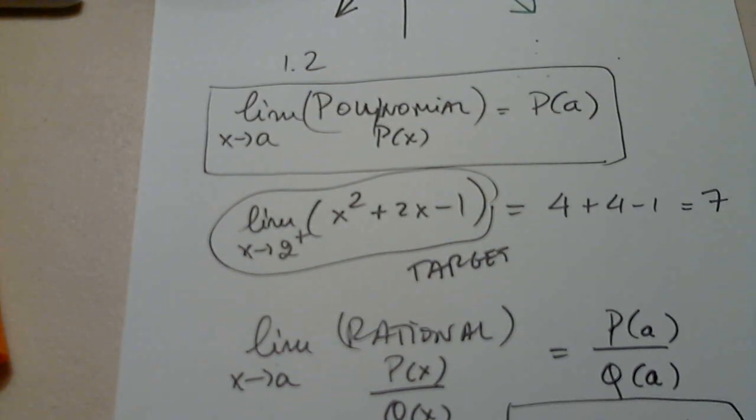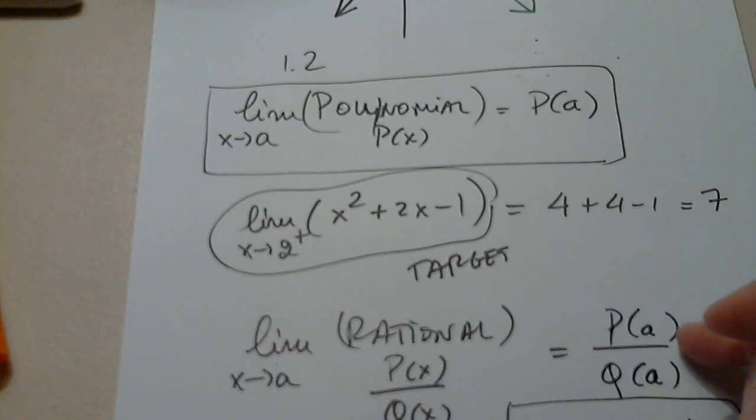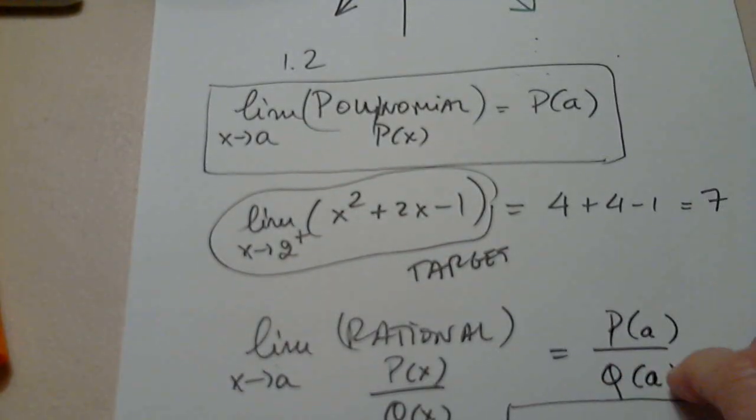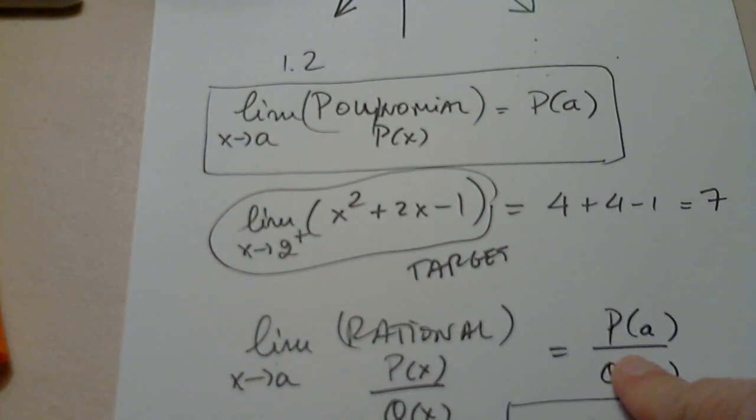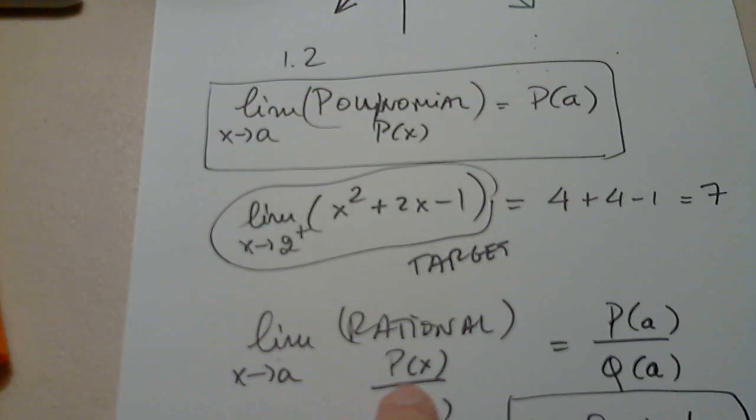We discussed domain of rational functions last time. Rational functions don't exist if the denominator is 0. So I can plug in and get the value, but only if a is in the domain of the rational function. If it's not, I cannot do this.